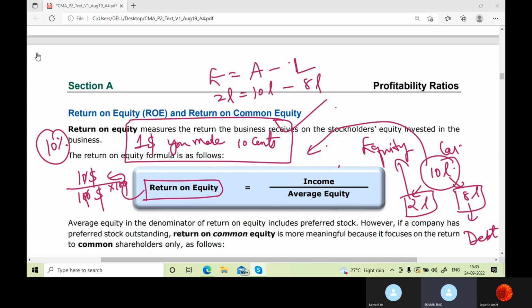Did you do the problems, Suma, yesterday? I have calculated only quick ratio and current ratio because while doing the problems, I was not able to figure it out. I was watching the video from my mobile, so it was making me confused. Couldn't use the calculator and all.